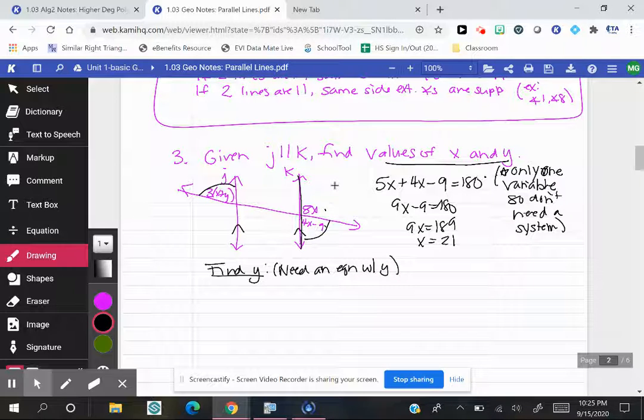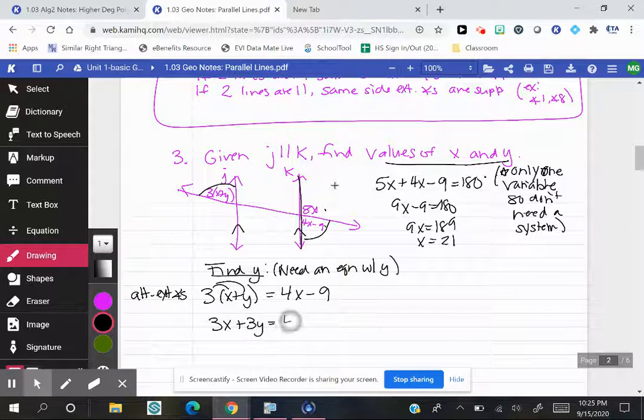So maybe we use that first equation that we thought of. So 3 for alternate exterior angles. And they're only congruent if the lines are parallel, but the lines are parallel here. So 3 times the quantity X plus Y equals 4X minus 9. Let's distribute our 3 in. 3X plus 3Y equals 4X minus 9. Subtract your 3X from both sides.